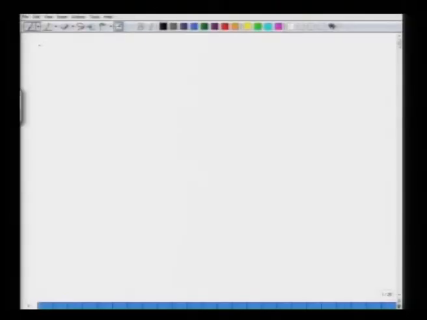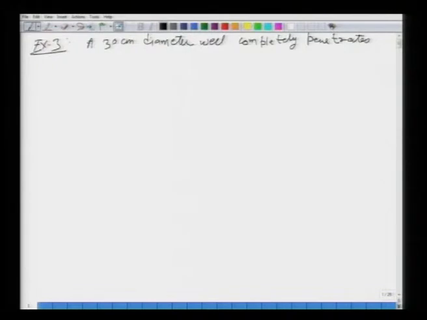So, I would like to get started with looking at an example of confined aquifer radial flow into a well. So, in this chapter, that is example 3, and it goes like this: a 30 centimeter diameter well completely penetrates a confined aquifer.